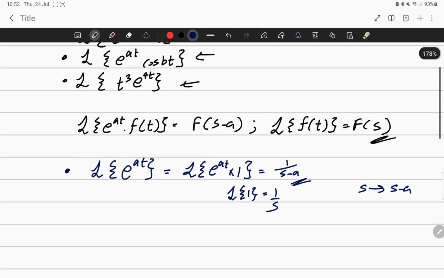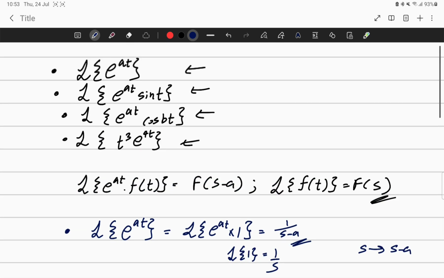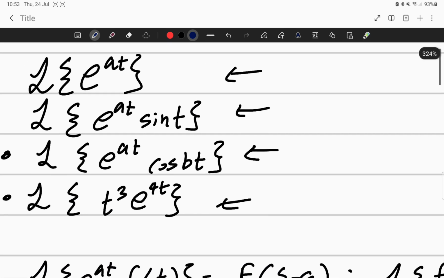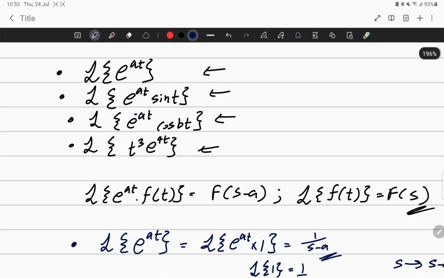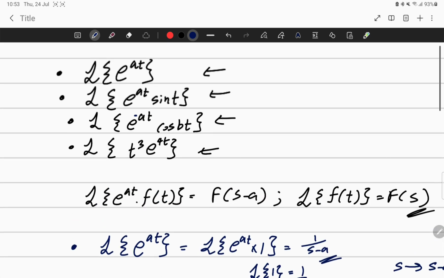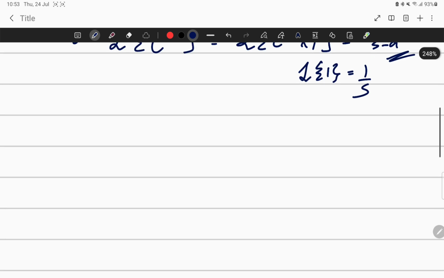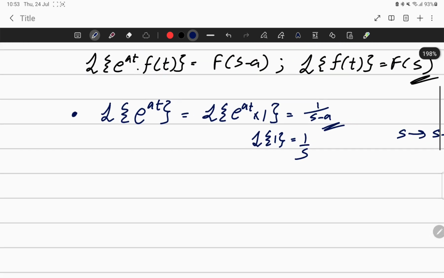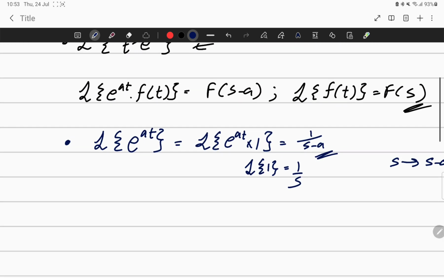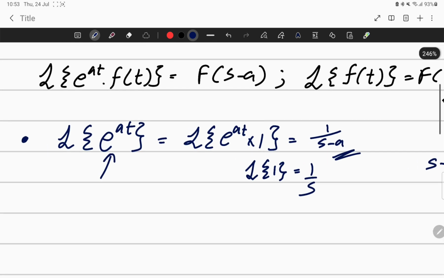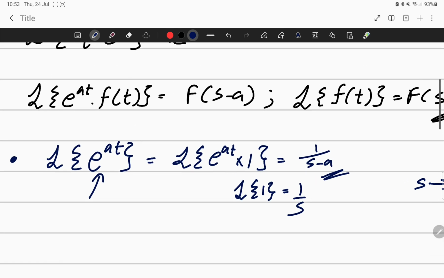I will talk about that later. Let's take this as e to the minus at, otherwise it will get complicated. So this is the answer, 1 over s minus a. I have proved this in the integral format also, so I also get this answer there.